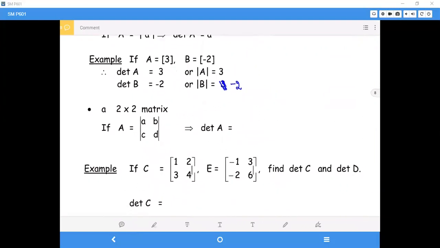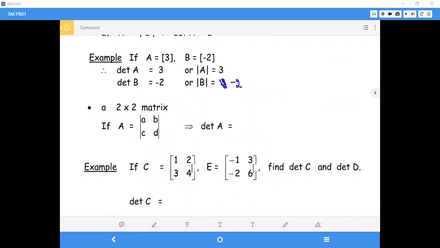Okay, this guy. For a 2x2 matrix, you have 4 members, 4 entries there. To find the determinant of A, you have to swap something a little bit. We use a shortcut like this to find it.